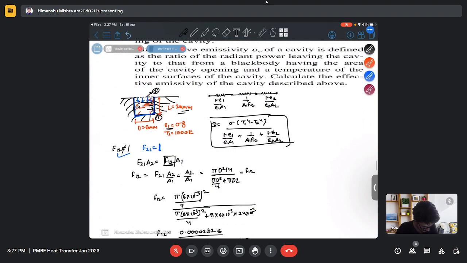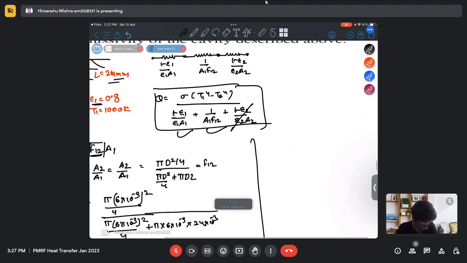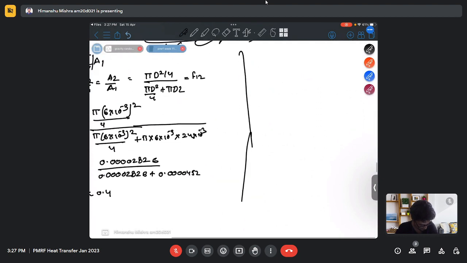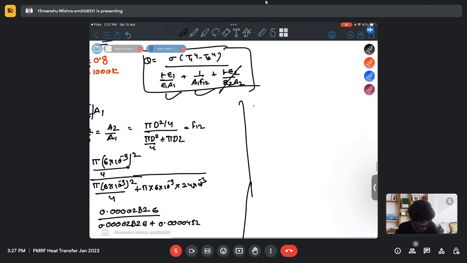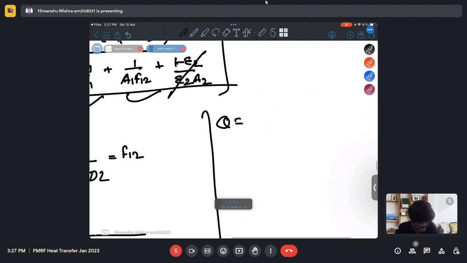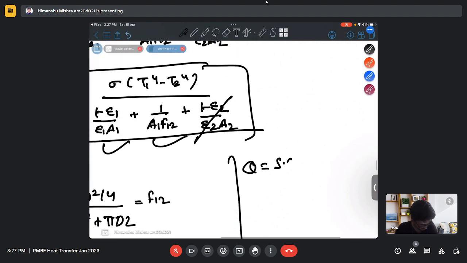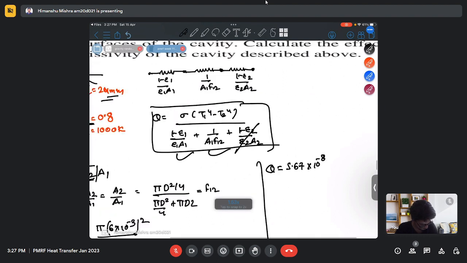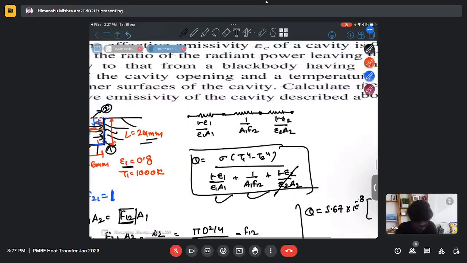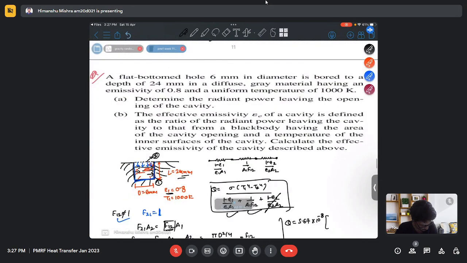So this term will vanish, and we have only this and this term. So my heat transfer will be, with the temperature 1000 Kelvin.